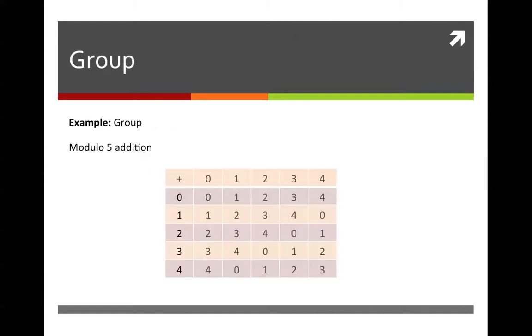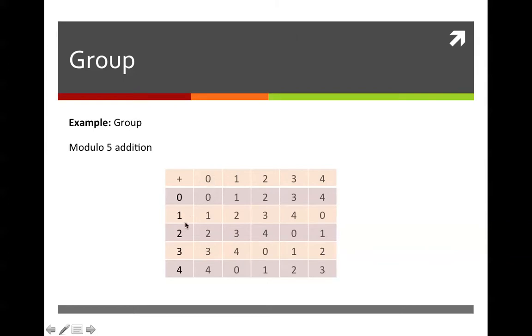So a group is, I guess, the most structured element out of these four. And inverses exist. And here's your mod 5 addition, where you could see that in each of these rows we have a 0, which is our identity.